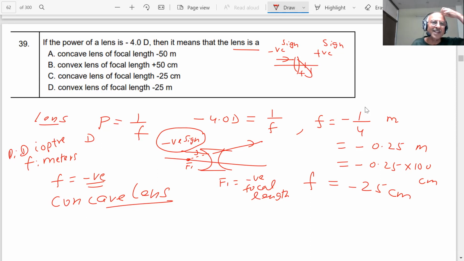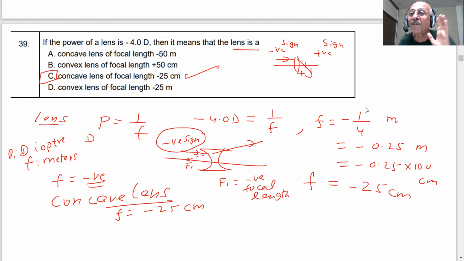Therefore, this must be a concave lens, with a focal length of minus 25 centimeter. Then the answer is C, student. Concave lens, minus 25 centimeter. Read the sign convention very carefully, because that is very important, student. A convex lens always has a positive focal length, and a concave lens has a negative focal length.